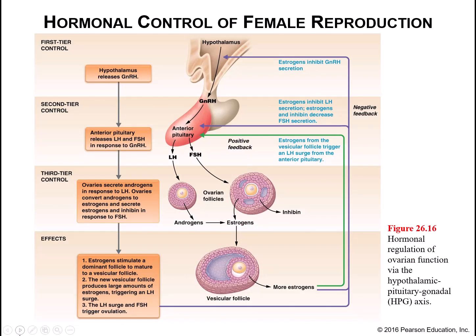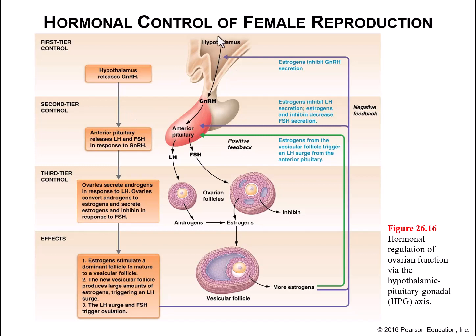So what is our HPG axis? The HPG axis stands for the hypothalamic pituitary gonadal axis. And if you recall back to the endocrine chapter, that's how we set up our first tier, second tier, third tier control.